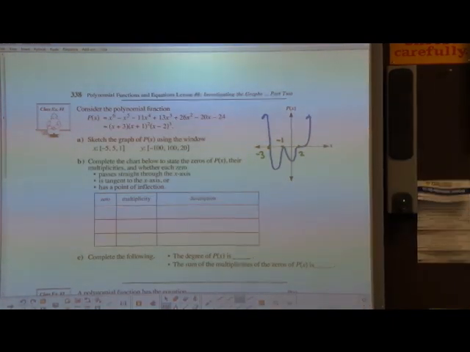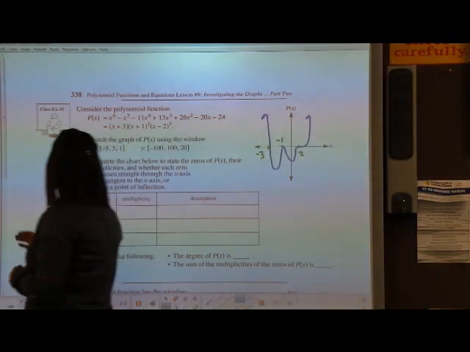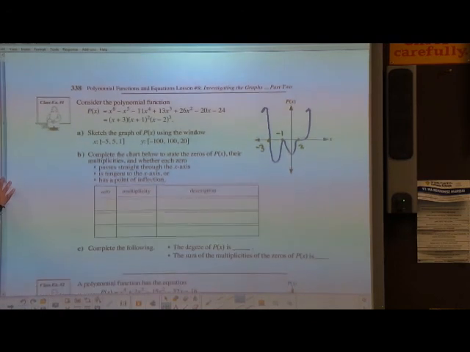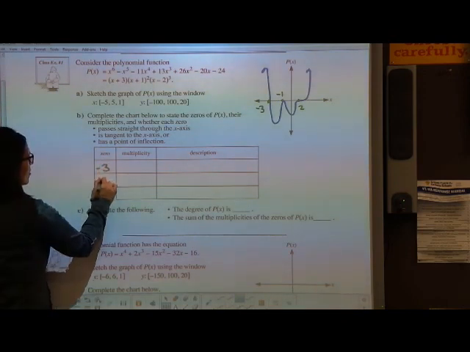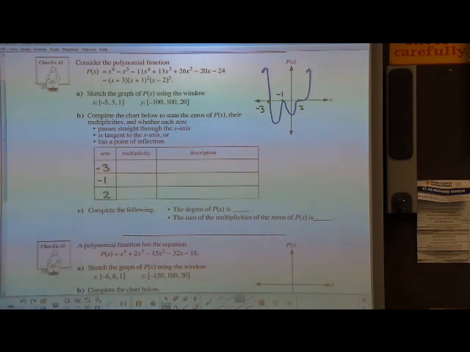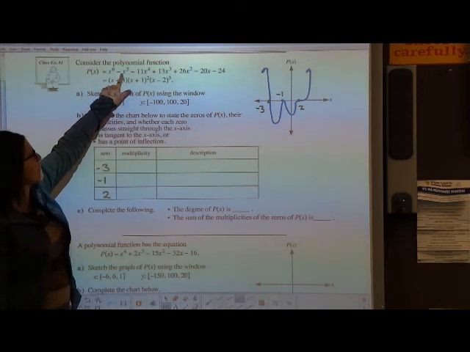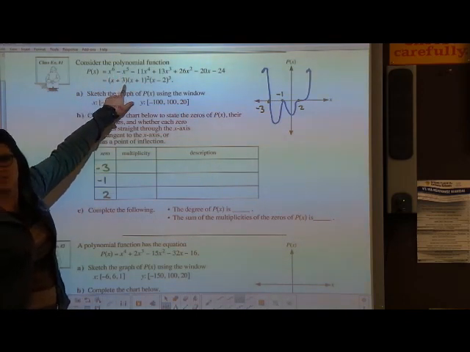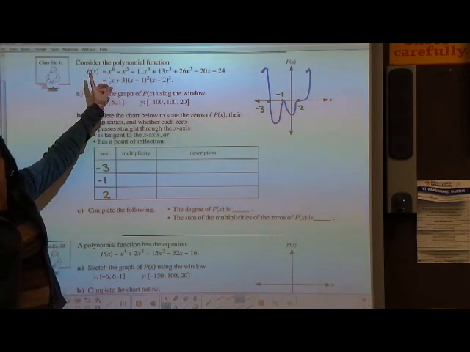It says, complete the chart below to state the zeros, the multiplicity, and whether the zero passes straight through the x-axis, is tangent to the x-axis, or has a point of inflection. So if I put our 3 zeros in numerical order, I have -3, -1, and 2. For the zero at -3, if I look at the factor, what's the multiplicity of this factor? How many times is it repeated? Just once.